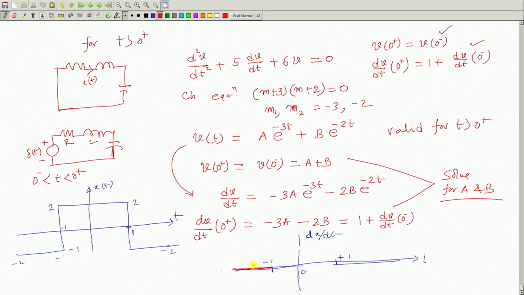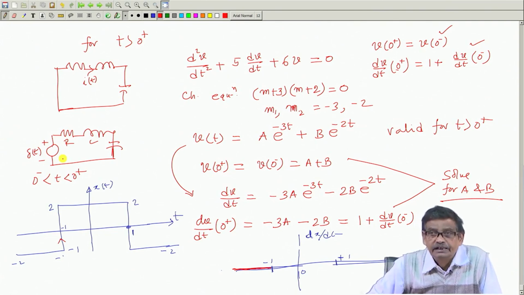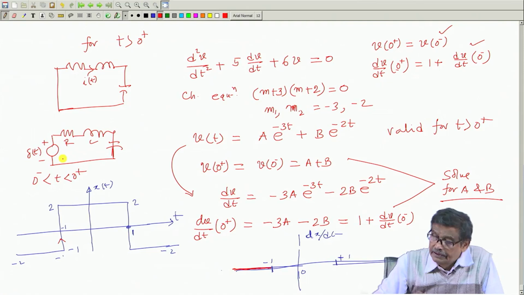Now, at t equal to -1, I find the signal jumps in no time, a discontinuity.